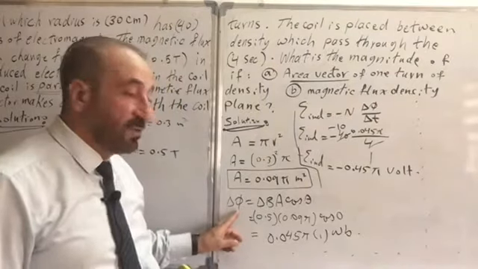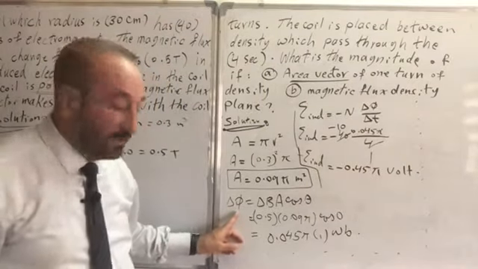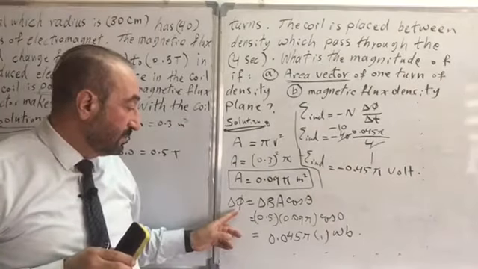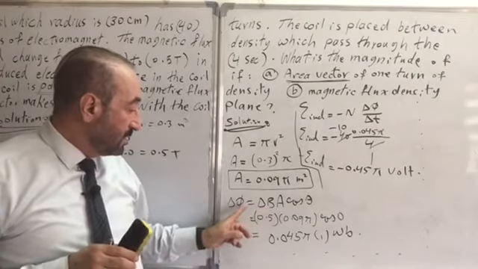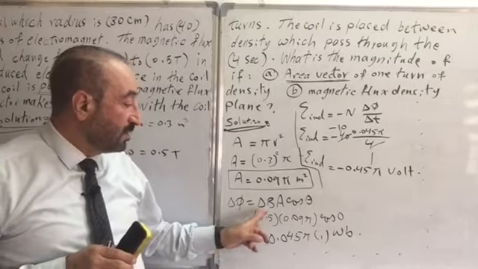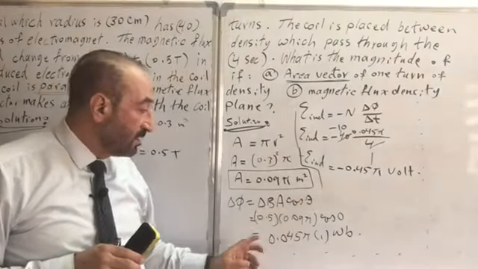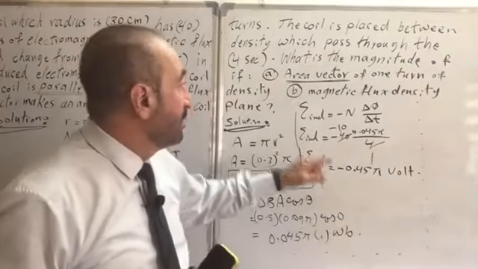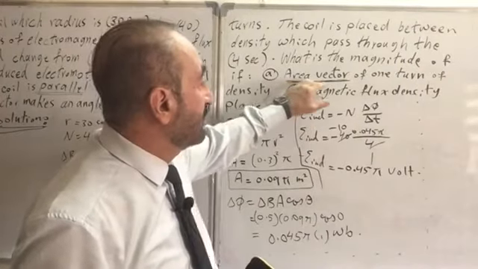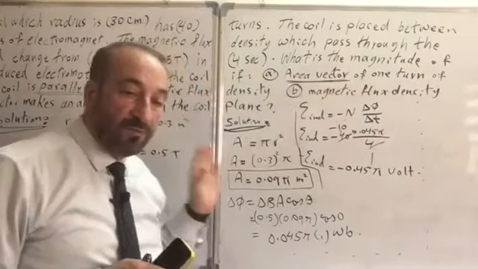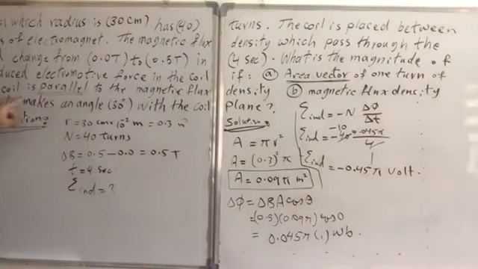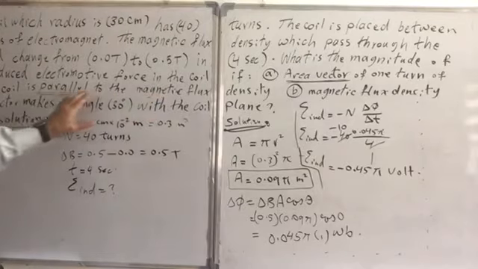Then we find delta phi using the relation delta phi equals delta B A cosine theta. Theta was 0 because the area vector of one turn of the coil is parallel to the magnetic flux density.